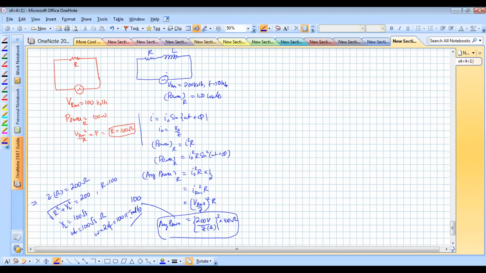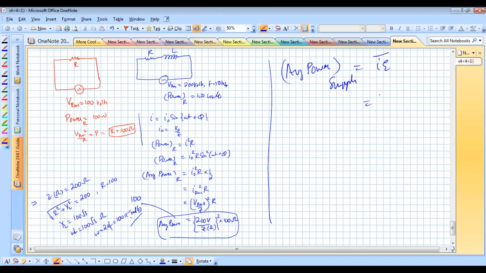Okay. But don't confuse the average power supplied by the cell with the average power consumed by the resistor. That's a different thing. Okay? The average power from the supply, that is going to be what? I into V, average.